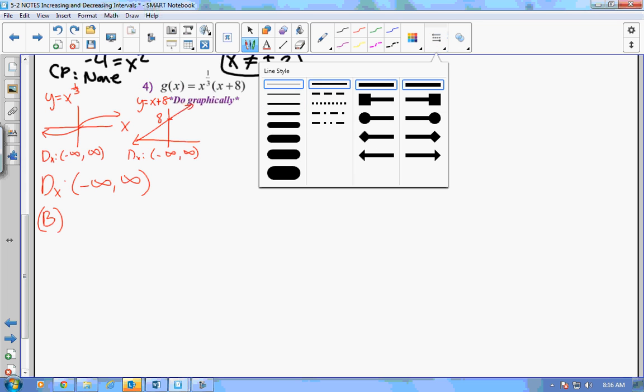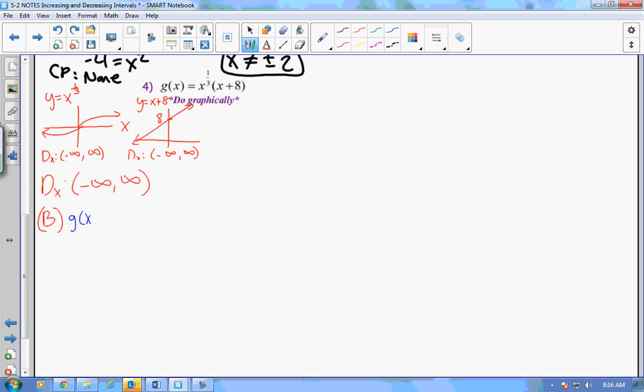If I distribute g of x, I get x to the 1/3 times x to the 3/3. I'm going to put that so I can visually see how to add them. Plus 8 times x to the 1/3. So as long as I have common denominators, I can just add those. We get x to the 4/3 plus 8x to the 1/3.